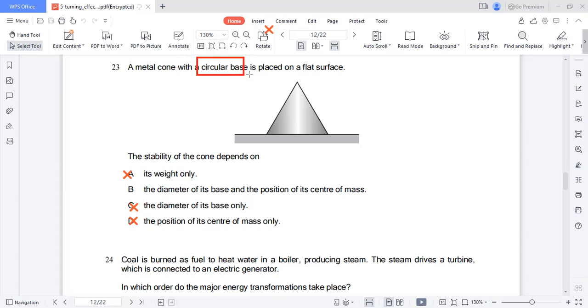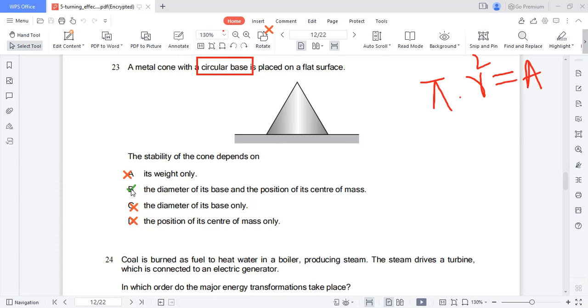For a circular base, the area is pi r squared, or pi d squared by 4. So diameter matters, because diameter is linked with area, and the position of center of mass.